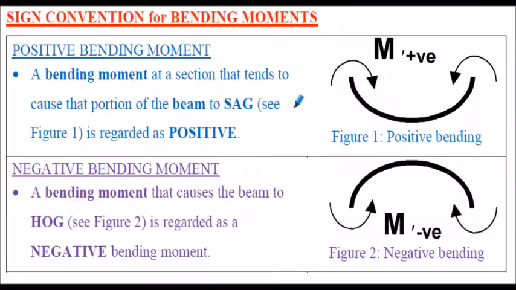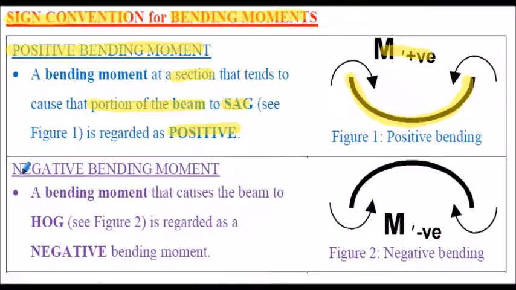As in previous presentations, for the work we're going to consider, we need a sign convention for bending moments. So in this case, positive bending moment will occur at a section that tends to cause the portion of the beam to what's called sag, as shown here in figure 1. Some students call it a happy face, a smiling face. When the beam is forced into that position by the applied loading, we call that a positive bending moment.